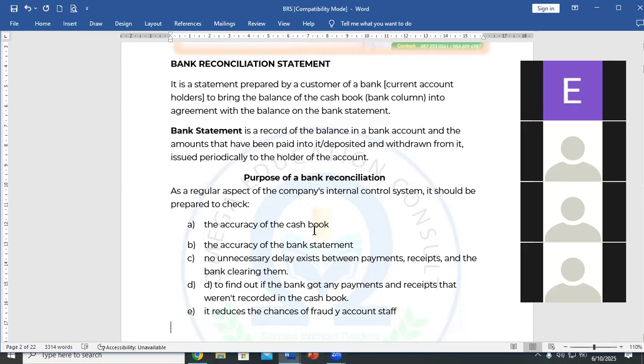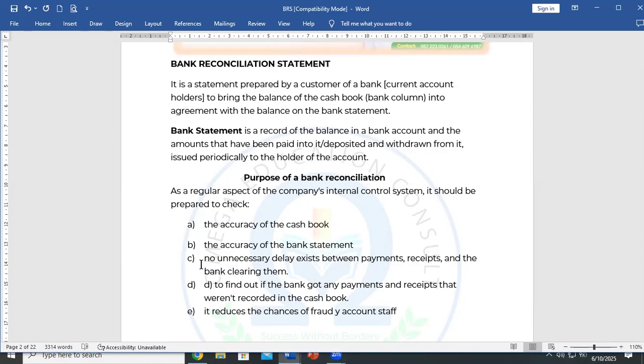We want to check whether there are no errors in the cash book we have prepared, because if there are errors, we will definitely detect them during the reconciliation. It is also to check the accuracy of the bank statement. Remember that these records are kept by human beings, right? It is human beings that put the data into these records, so there's the possibility of errors or mistakes.